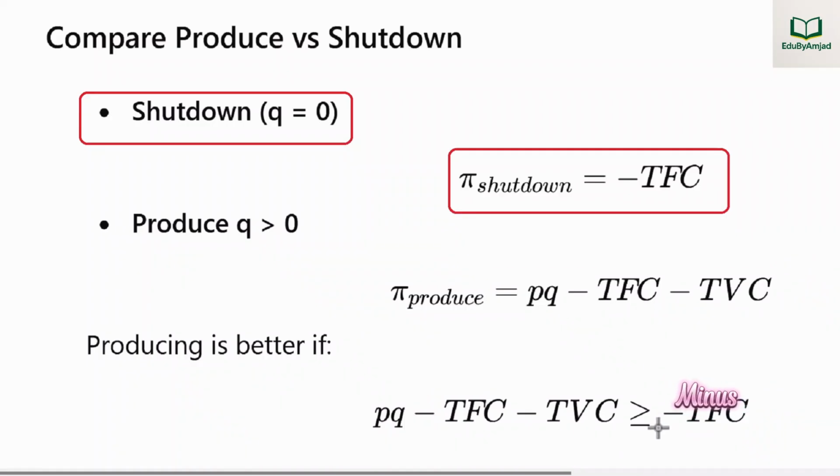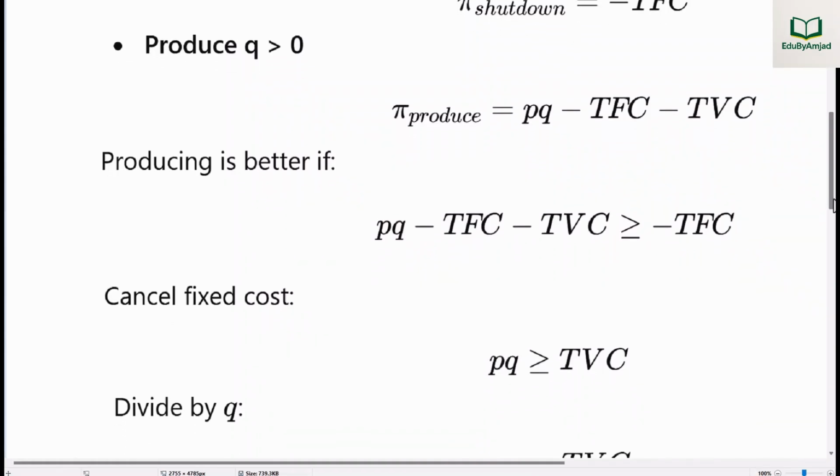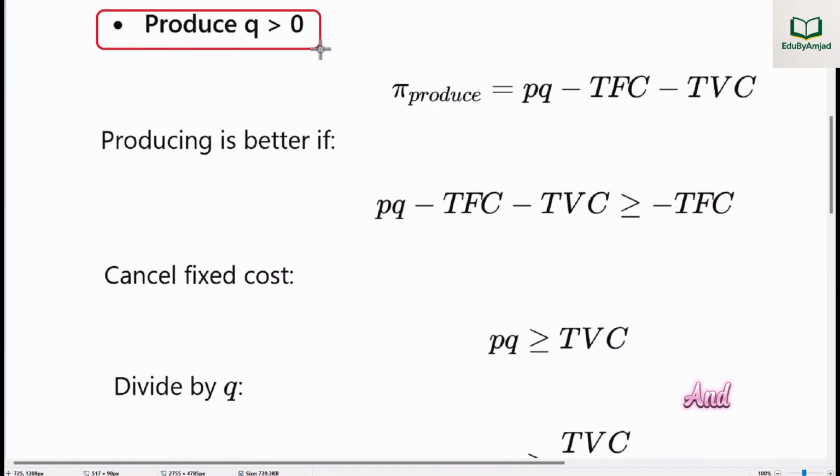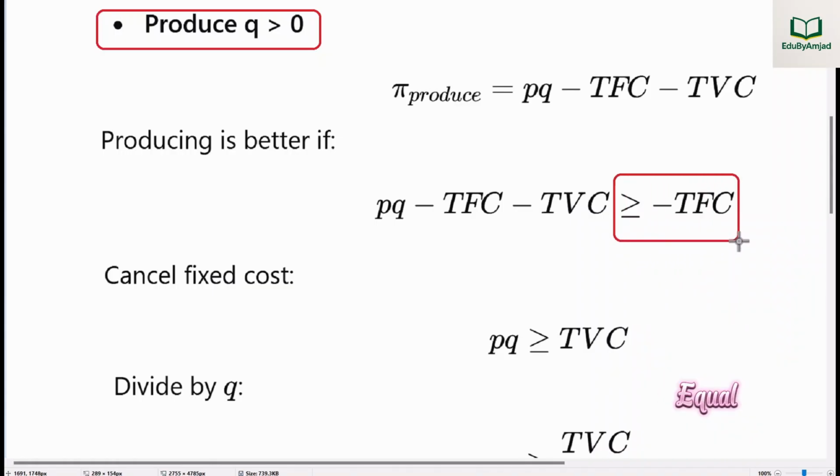The loss equals minus fixed cost. If the firm produces and does not shut down, profit equals price times quantity minus fixed cost minus variable cost. Producing is better than shutting down if price times quantity minus fixed cost minus variable cost is greater than or equal to minus fixed cost.